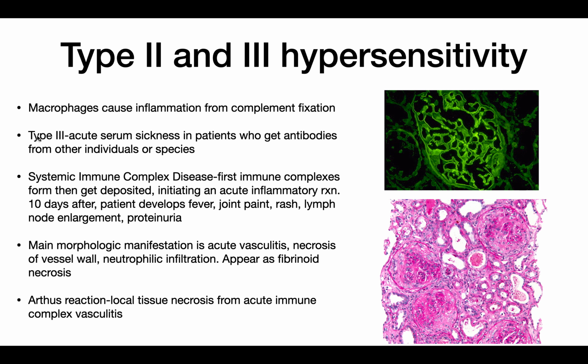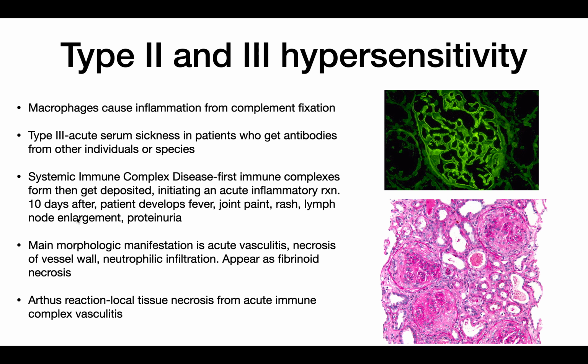So type 3 is also known as the systemic immune complex disease, and that can cause acute serum sickness, and it's a very unpleasant disease. So the patient develops fever, joint pain, rash, lymph node enlargement, proteinuria about 10 days after.